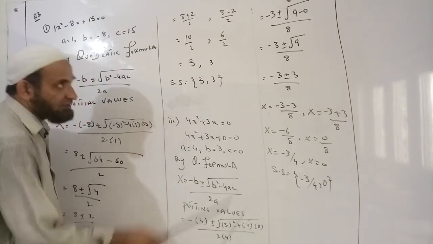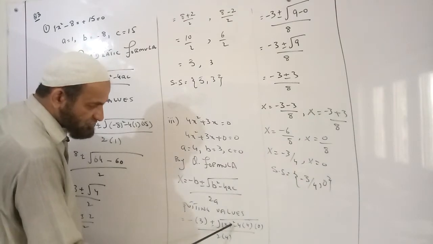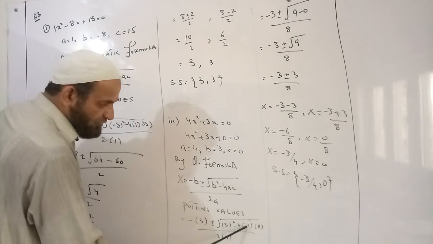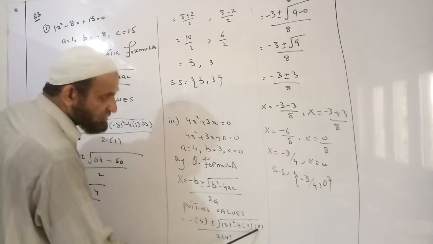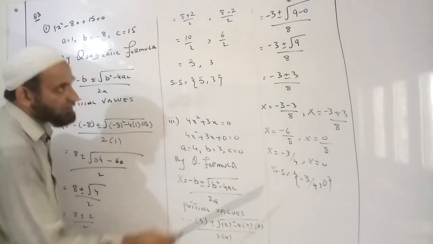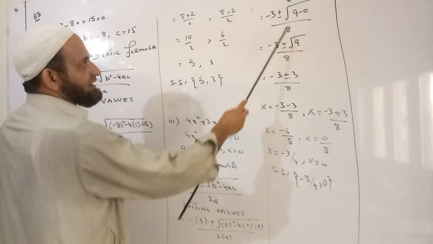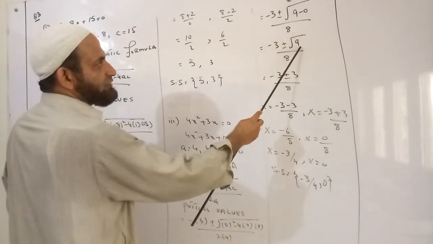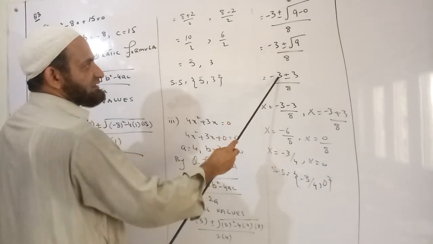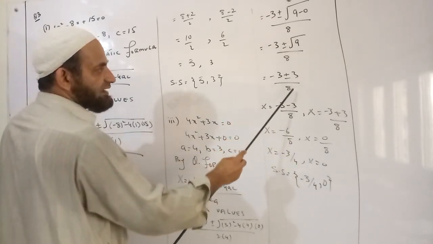Minus multiplied by 3 gives you minus 3, plus and minus the square root of 3 square, which means 9, minus 4 into 4, 16 into 0, 0, divided by 2 into 4, which is 8. Again minus 3 plus and minus the square root of 9 minus 0, which gives you 9, divided by 8. Minus 3 plus minus the root of 9, which is 3, divided by 8.